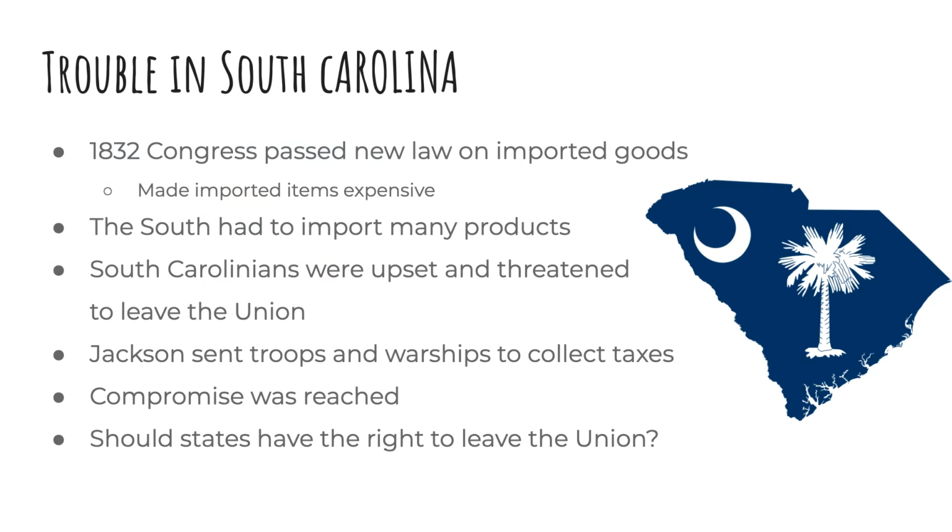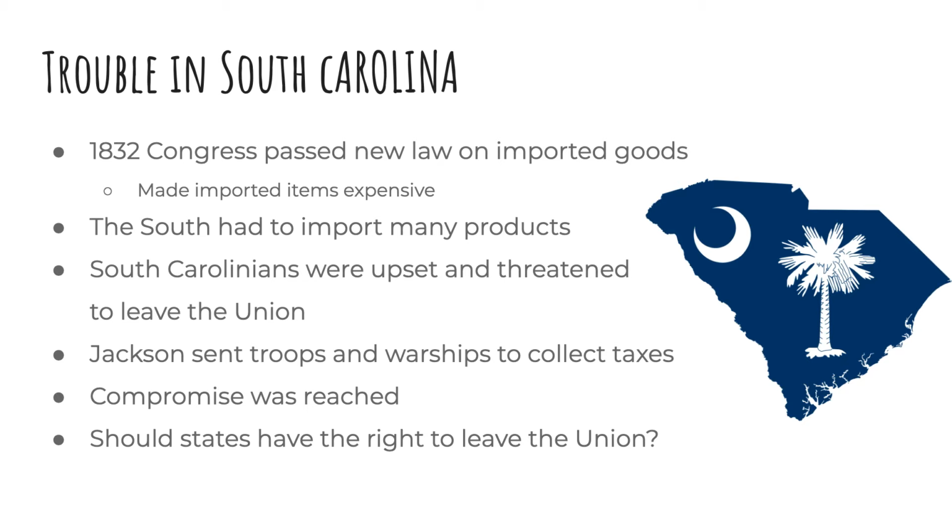Something else that happened during Jackson's presidency was some trouble in South Carolina. In 1832, Congress passed a law on imported goods. So they would tax all goods that were shipped from the United States.